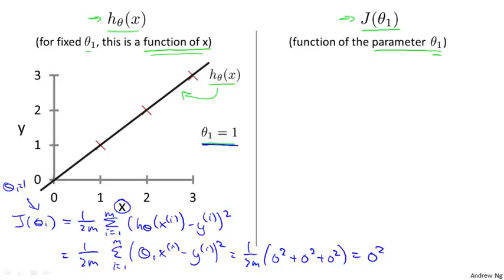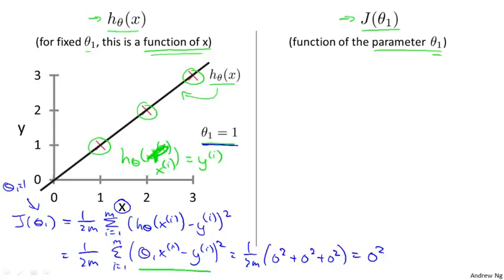Inside the cost function, each of these terms is equal to 0 because, for the specific training set I have, where my 3 training examples are at (1, 1), (2, 2), (3, 3), if theta 1 is equal to 1, then h of x i is equal to y i exactly.